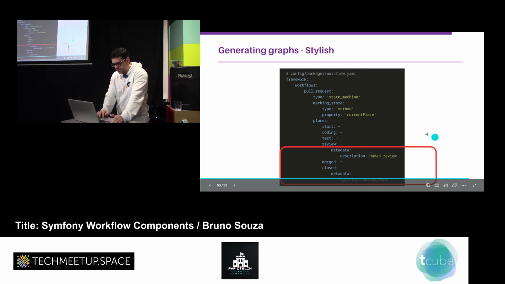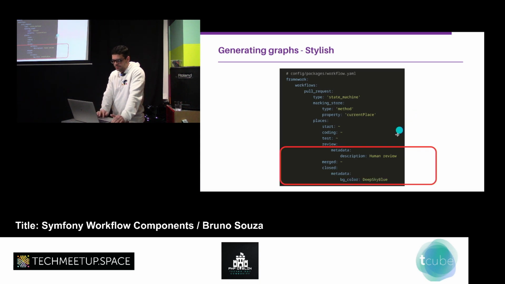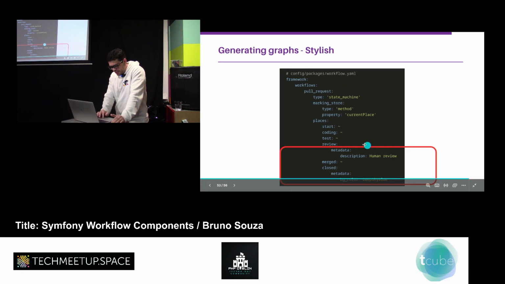So for example, if I get the YAML configuration file, here I have a new workflow for a review process. And this review process has a pull request, which is a state machine. Inside the review step here, I have a metadata attribute. Inside this metadata attribute, I have the description called human review.